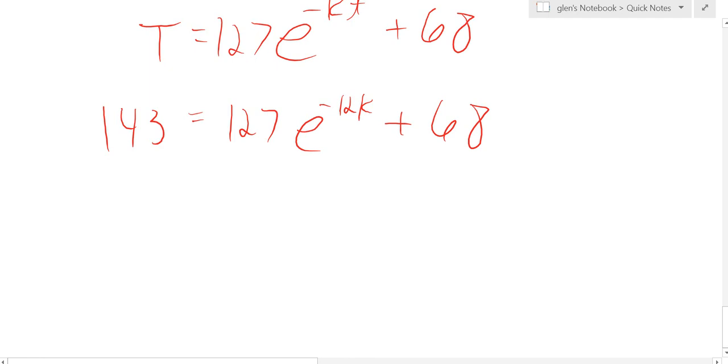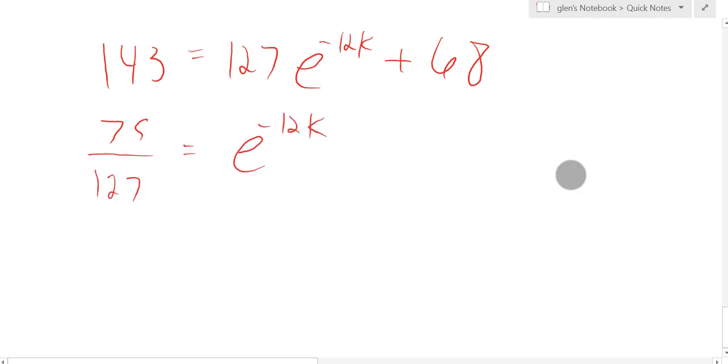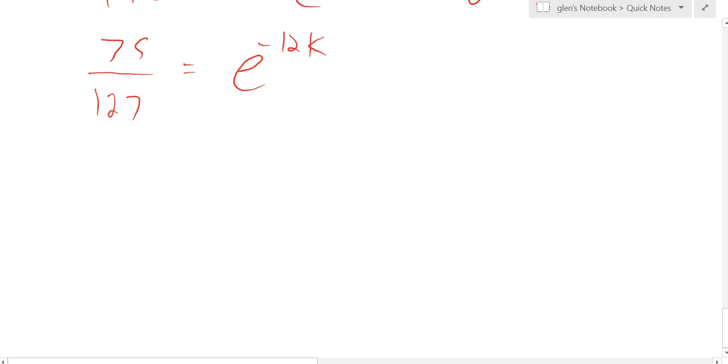Anybody? 143 minus 68? 75. And we're going to divide that by 127. That's going to equal this. We're going to natural log both sides and divide by negative 12. Negative 1 over 12 ln 75 over 127 equals k.